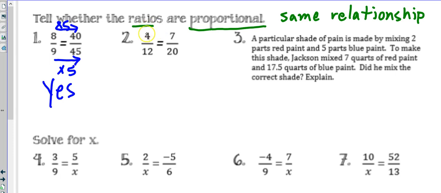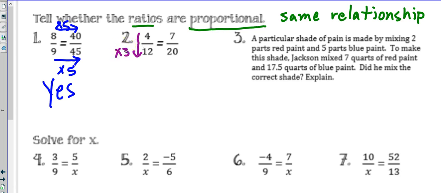Number 2, if I try to look horizontally, it's a little more difficult because the numbers don't go in evenly. So now we're going to look at a vertical relationship. I'm going to look at 4 and 12, and I notice that 4 goes into 12 3 times, so this is a times 3.